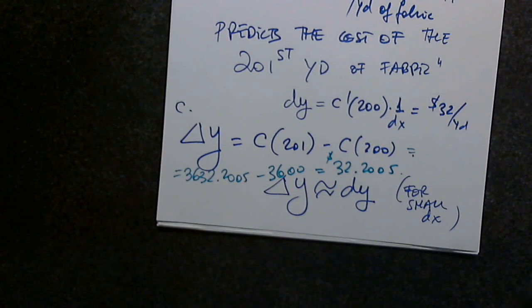So to manufacture, according to the function, 200, I pay 3,600. To manufacture 201, I pay 3,632.2005. But that means that the difference is the cost of the 201st item, which is 32.2005.